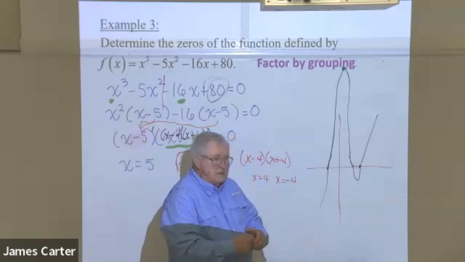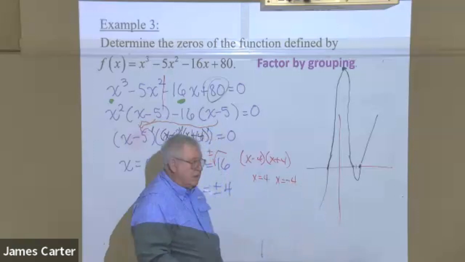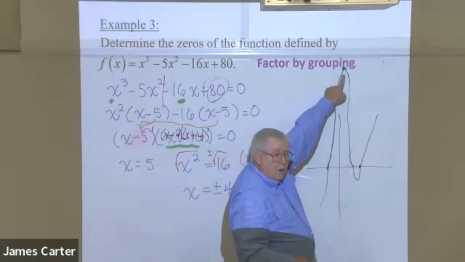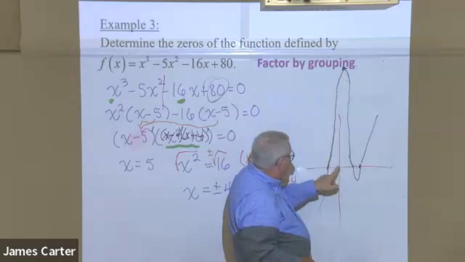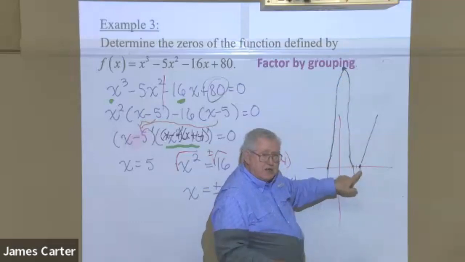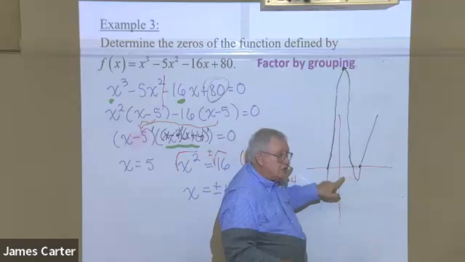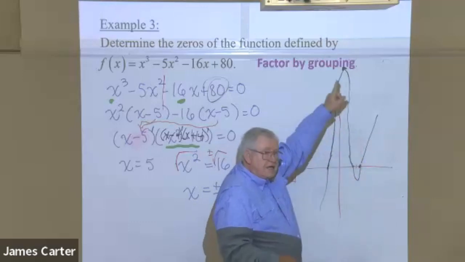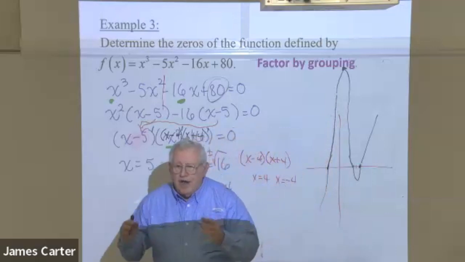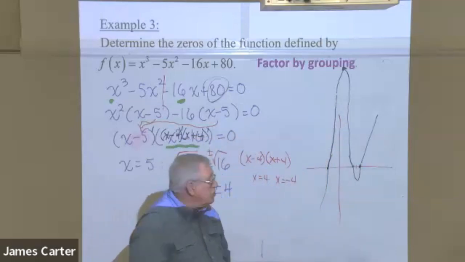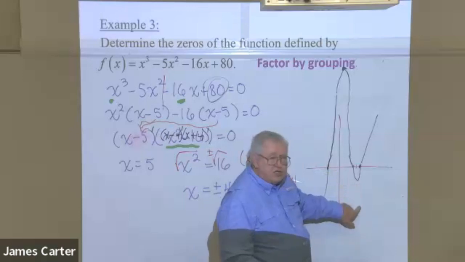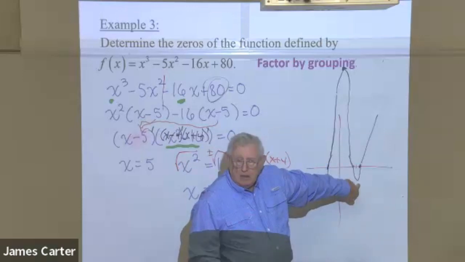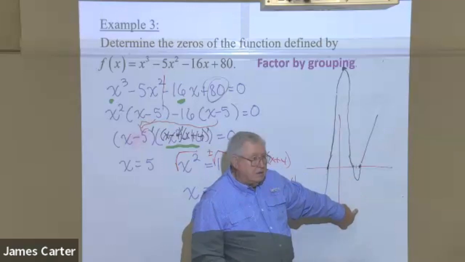Okay, and I'm not going to do it because I don't want to take the time. Most of the time, if you can tell me the y-intercept, you can tell me the x-intercepts, the roots, the zeros, the solutions. If you can tell me those, then use that end behavior. You can get a graph that's good enough. Most of the time, I'm not going to care just exactly how far this minimum goes down.